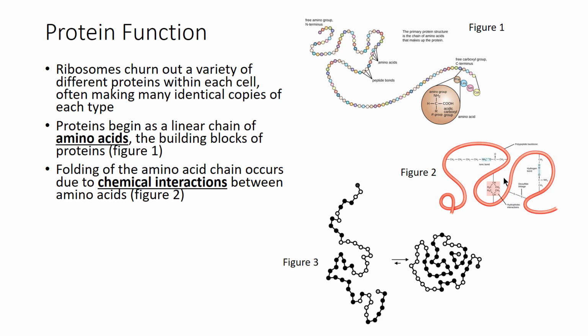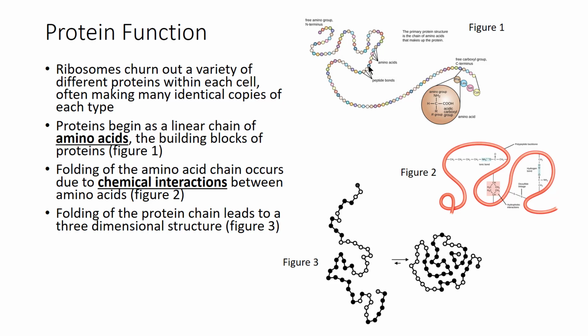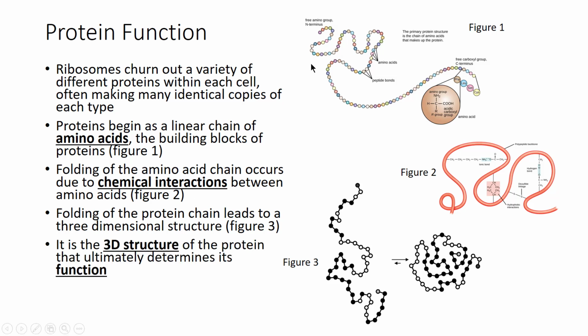The DNA literally spells out exactly how to build the protein, one amino acid at a time, and depending on what sequence of amino acids you put together and how long the chain is, you'll ultimately get different folded products, different proteins that have different functions depending on the exact folding process. So you will end up at the end of a protein synthesizing event with a three-dimensional structure, and the three-dimensional structure will ultimately determine the function of that protein.